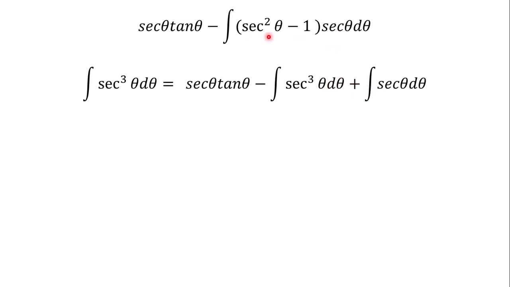This and this will give us secant raised to the power 3 theta minus secant theta. And when we multiply the minus through, in terms of splitting, since minus is here, you're going to get the next one to be plus.